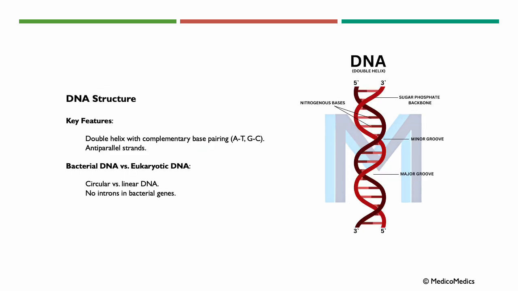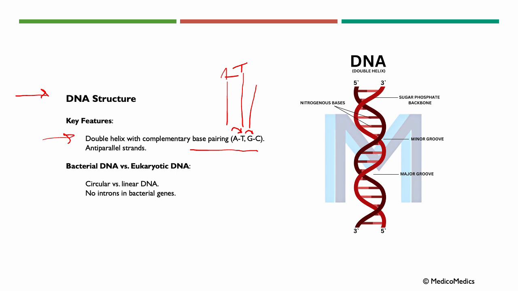Now let's go deeper and discuss DNA structure. So DNA is a double helix structure composed of two complementary strands. And we have the base pairings which have very specific rules, where A is paired with T and G with C. A stands for adenine, and it's paired with T, that stands for thymine.